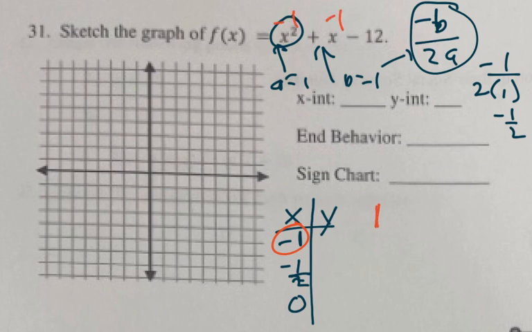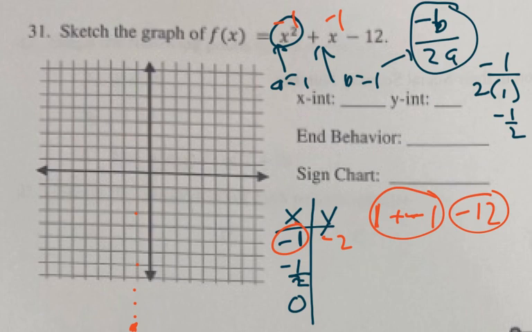Negative 1 squared is 1, plus the x is negative 1, minus 12. So notice you get 0 minus 12, or negative 12. Darn, that doesn't even fit on the grid here, but let's give it a try. Negative 1, 1, 2, 3, 4, 5, 6, 7, 8, 9, 10, 11, 12.